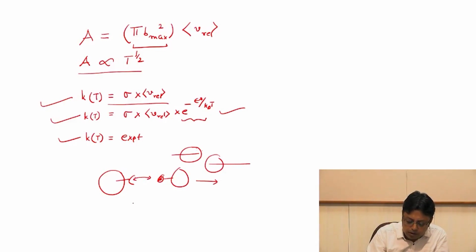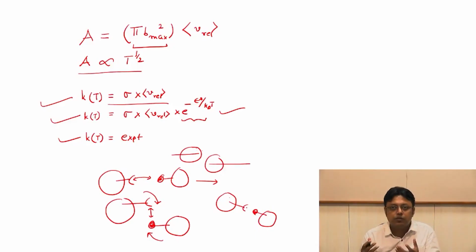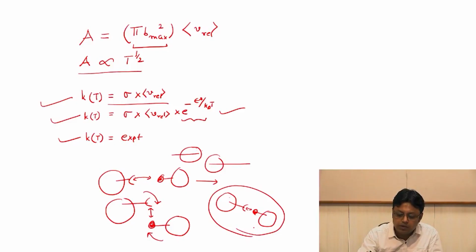But suppose I'm having a collision like this, then although these two hard spheres collide, these two groups are not actually coming in contact with each other. However, if I had rotated it, such that they're still colliding and slightly far apart, but when they collide these two groups come in contact, then the reaction will happen. So the proper three-dimensional orientation is very important.